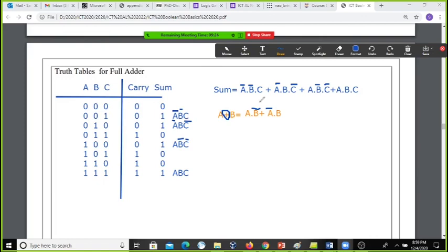Now is it clear? A exclusive B expression. Yes, sir. Now the A exclusive B, this one. If I have B exclusive C, what will be the answer?